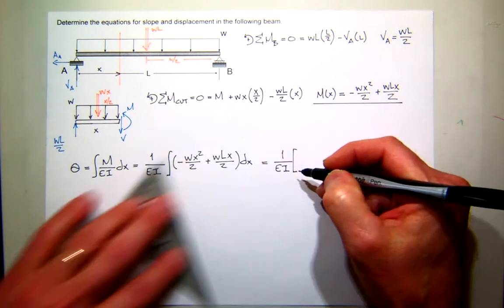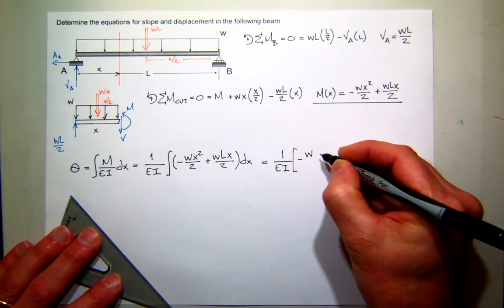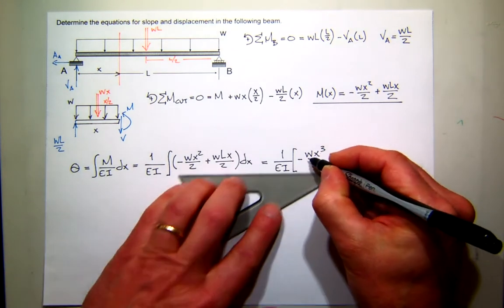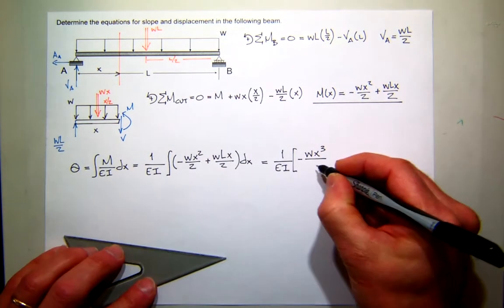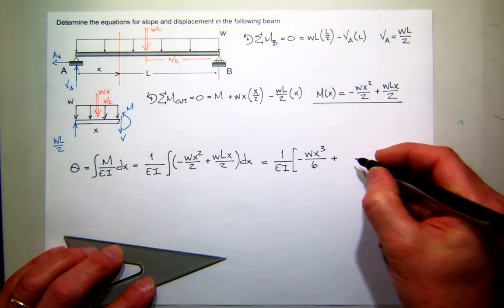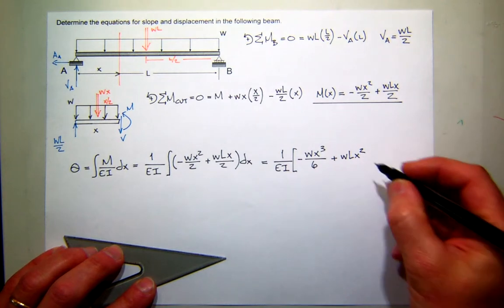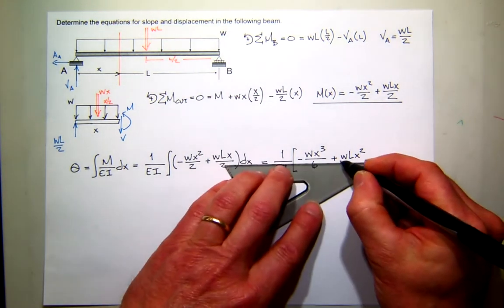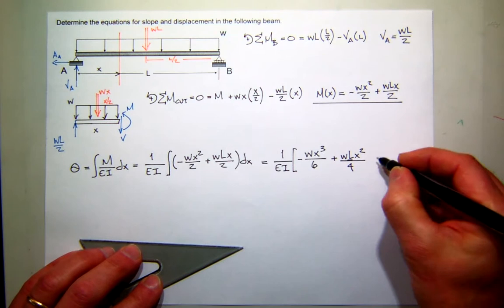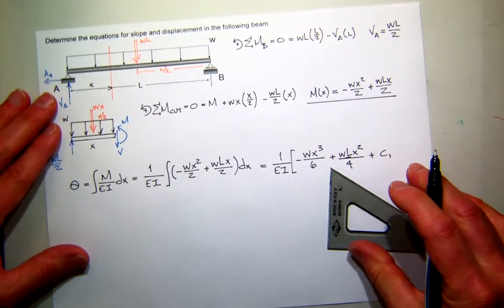And let's see what we've got. So I'll integrate this, so that'll be minus WX cubed over 6 plus WLX squared. Oh, I messed that up, didn't I? That should be over 4, plus an integration constant.